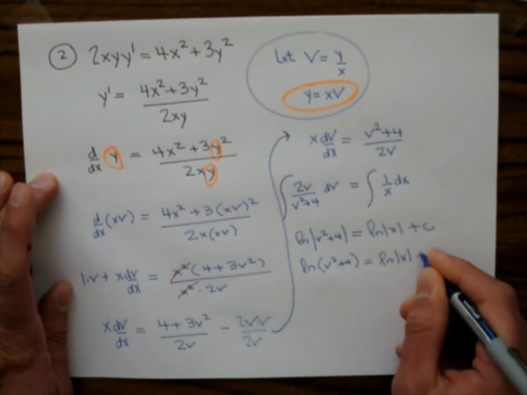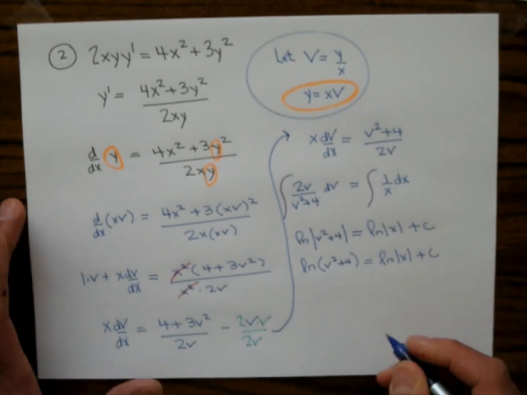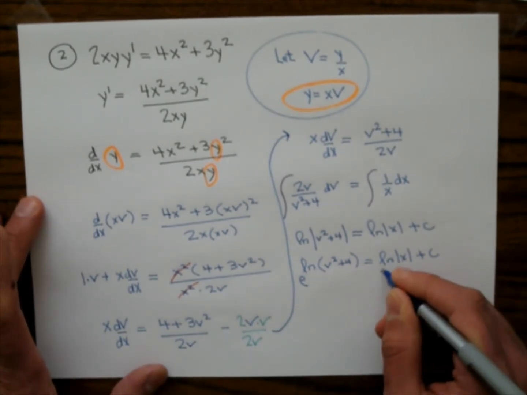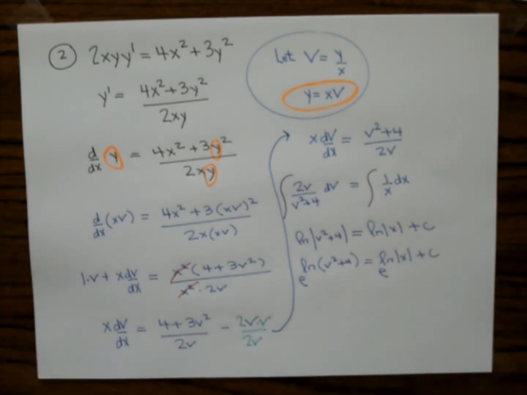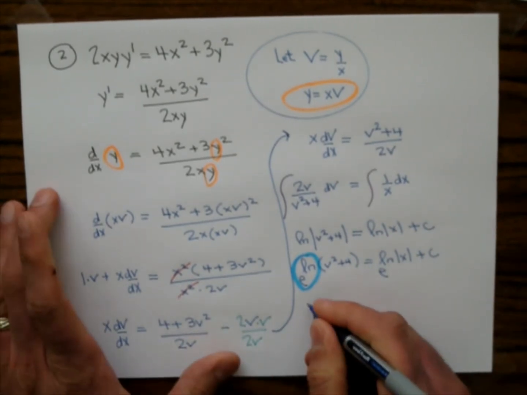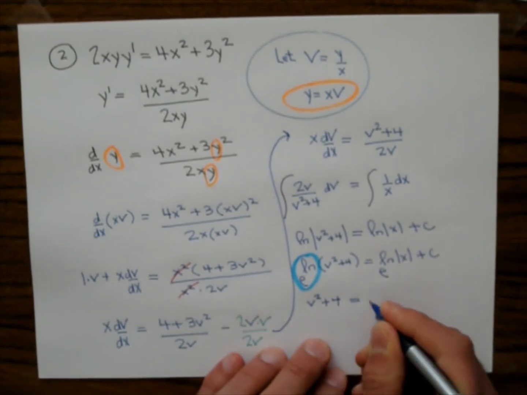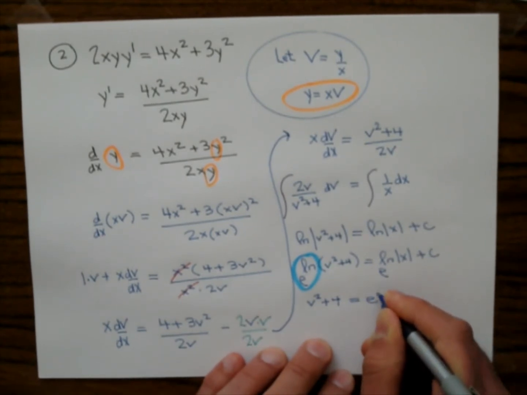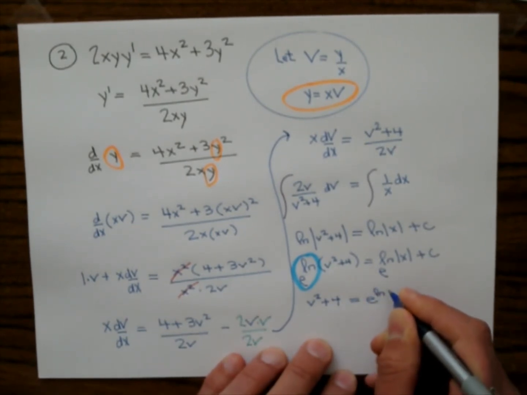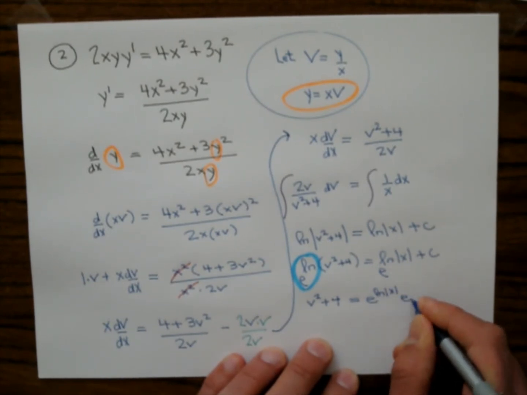And the next step here is I'm going to exponentiate both sides. I'm going to e both sides. So this thing right here goes pop, and I end up getting v squared plus 4. On the right hand side I have e to the ln absolute value of x, and then I have e to the c.